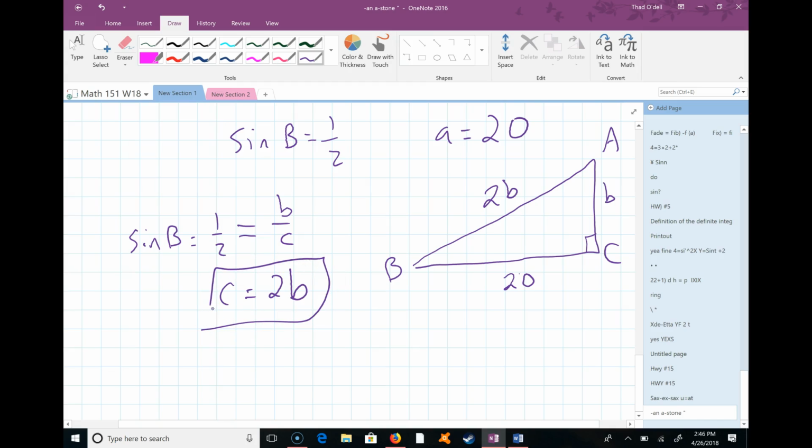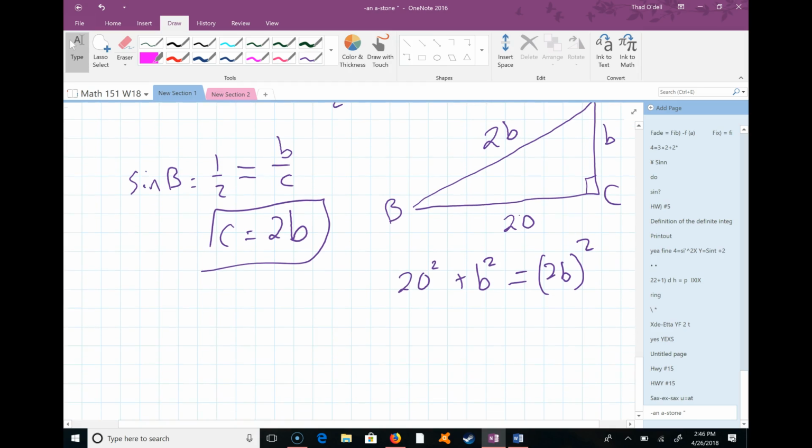So now I have a right triangle with these three side lengths, and I know the Pythagorean theorem is true, so that means that 20 squared plus b squared has to be equal to 2b whole thing squared. That's just applying the Pythagorean theorem, which means 400 plus b squared is equal to 4b squared. That's what you get when you do 2b times 2b. 2 times 2 is 4, and b times b is b squared.